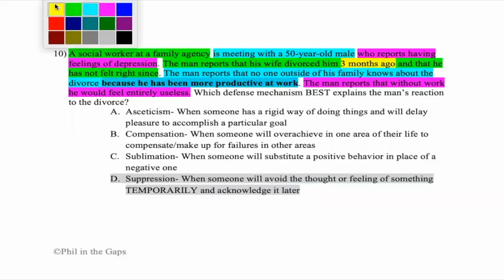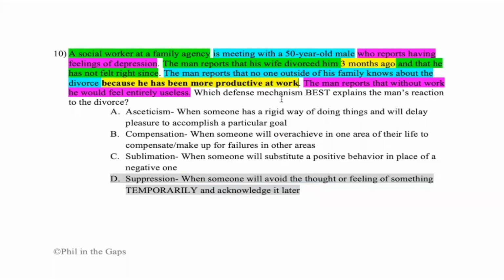So no one outside of his family knows that he got a divorce and that he's been more productive at work. Suppression would be like, okay, I'm going to put off thinking about the divorce and then focus on this other thing. But then later on, acknowledge what's going on within the situation. Nowhere did it state that it stopped him in any way or that it was a temporary thing.